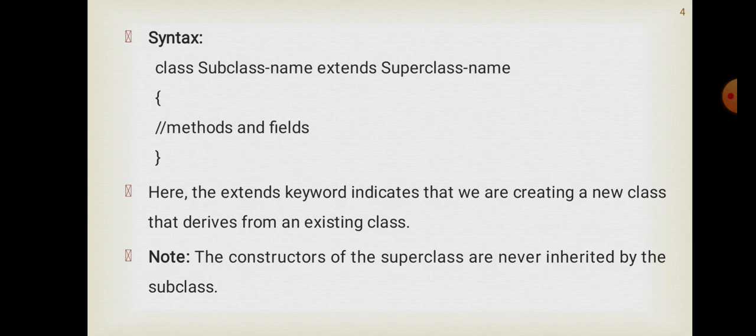That means the subclass extends the properties of the superclass. For example, consider a base class A and a derived class B which inherits the properties of A. I write class B extends A. The main thing here is that the constructors of the superclass are never inherited by the subclasses.